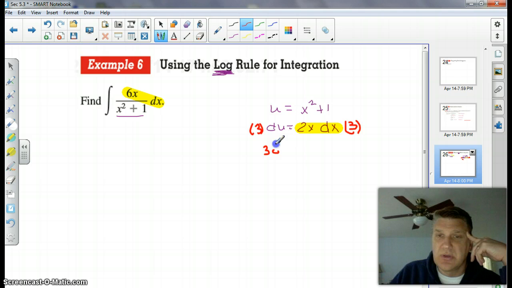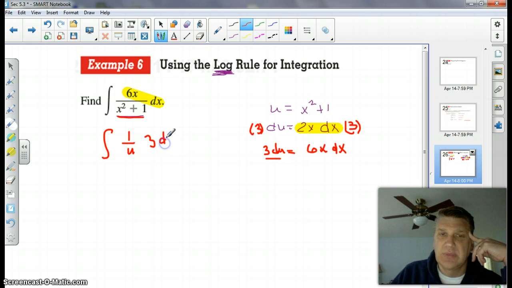3 du should equal now the 6x dx. So there's my replacement. In terms of u, I'll say the integral of 1 over, I've replaced all of this with u, and I'm replacing all of this yellow with 3 du. And remember, if it's a constant, we can pull it out front.